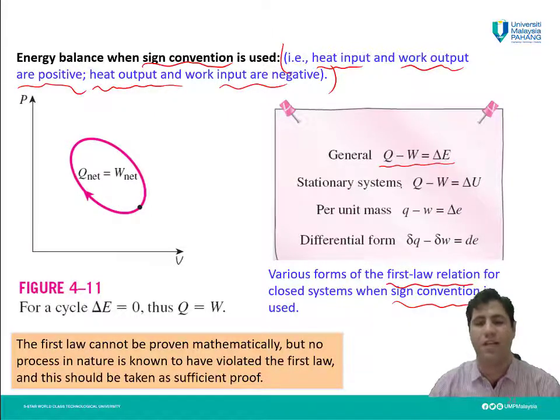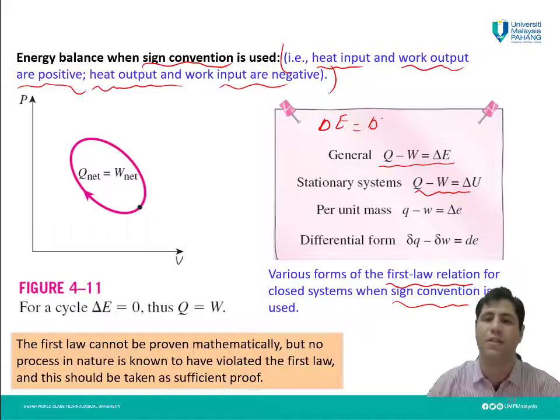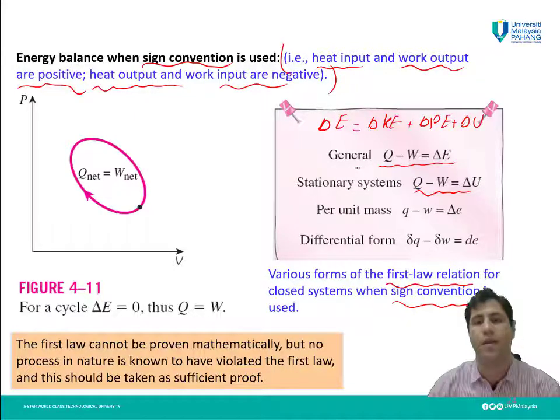And for a stationary system, it will be Q minus W equal to delta U. Why? Because here delta E is delta kinetic energy, delta potential energy, if you remember this equation, and delta U. The change in the energy of the system, according to what you have learned in chapter 3, is equal to the change in the kinetic energy of the system, the change in the potential energy of the system, and the change in the internal energy of the system.